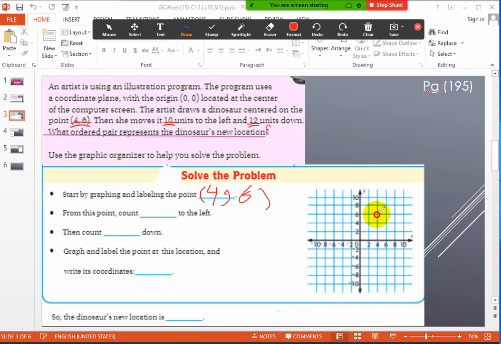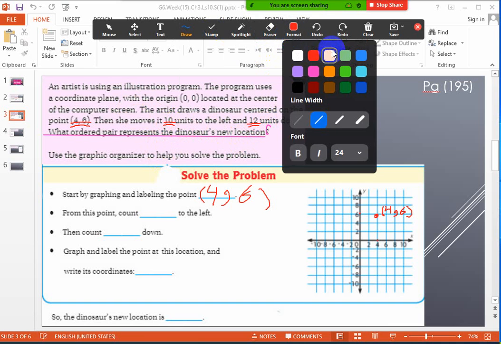So this is the point that the dinosaur starts at, 4 and 6. He told me that the dinosaur or the point moves 10 units to the left and 12 units down.